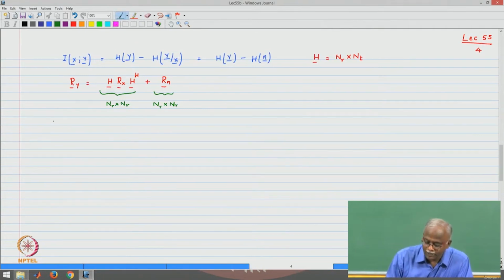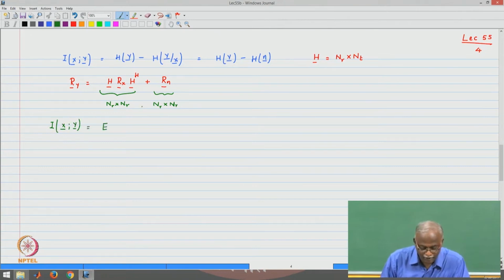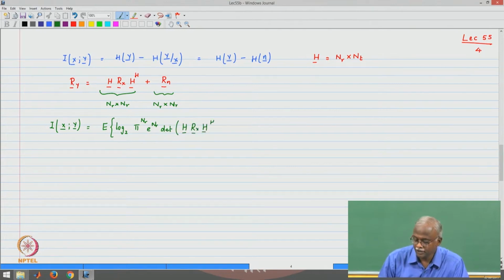So, the capacity expression, that is the mutual information between vectors x and y, can be given as the expected value of logarithm base 2 of pi to the power NR, that being the dimension, e to the power NR, times the determinant of the following matrix, H times Rx H Hermitian plus Rn. This is the first determinant for the logarithm.